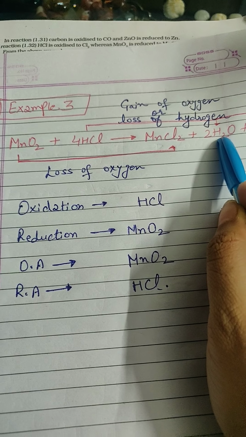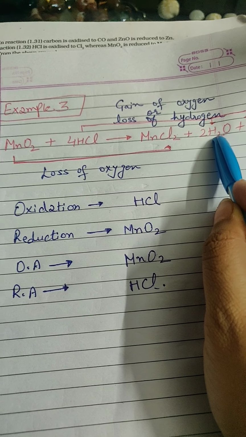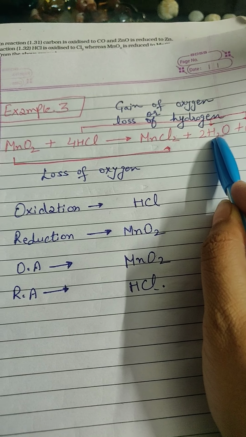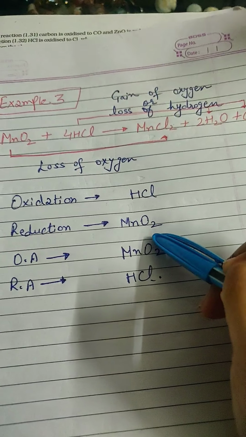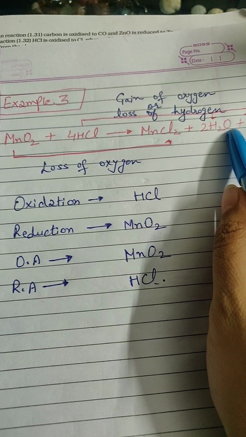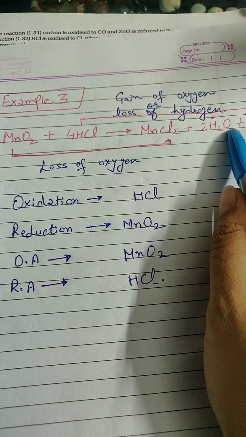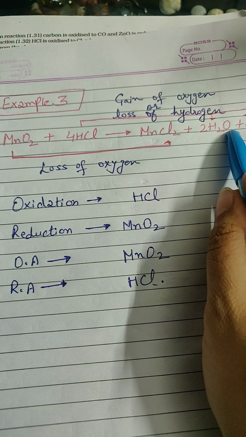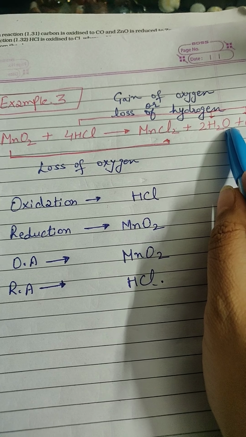Remember this line: an oxidizing agent itself gets reduced and a reducing agent itself gets oxidized. Manganese dioxide is showing reduction, so it is acting as the oxidizing agent. Hydrogen chloride is showing oxidation, so it is acting as the reducing agent.